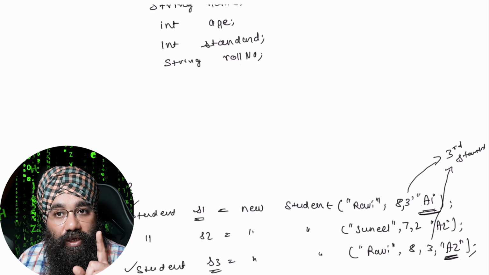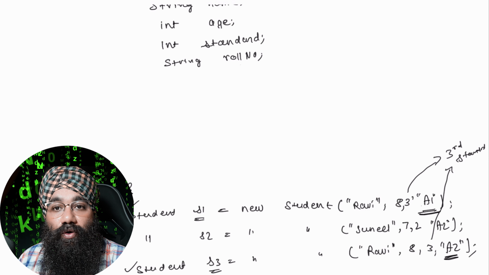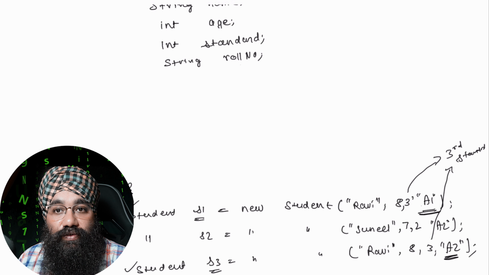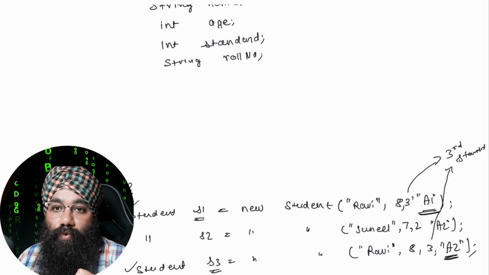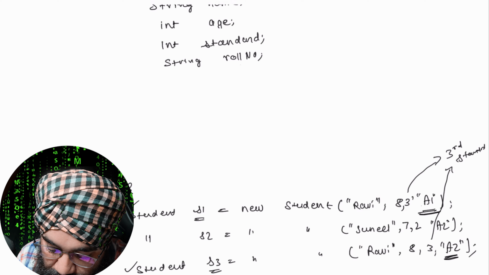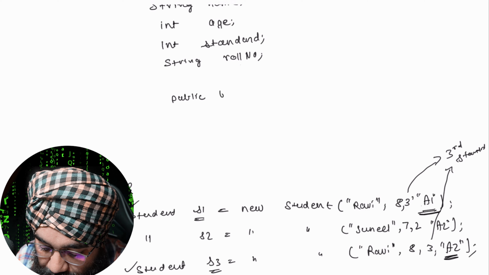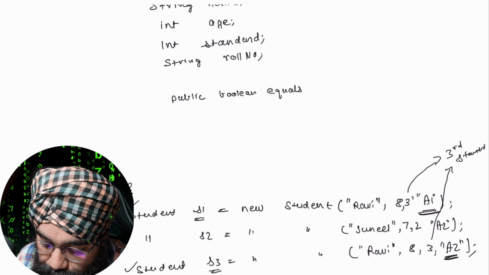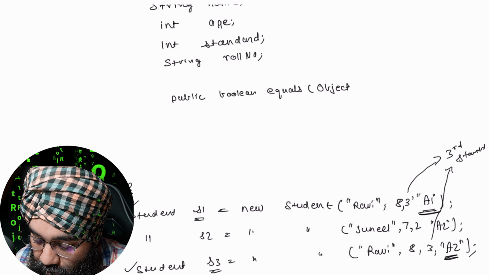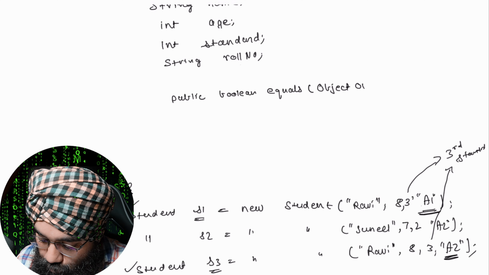Why? Because your equals method is used to check whether these two students, s1 and s3, are meaningfully equal or not. The format of equals is public boolean equals, and it takes an Object reference o1.